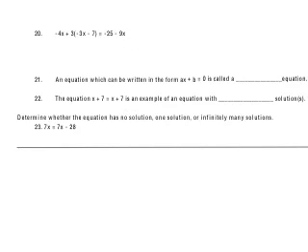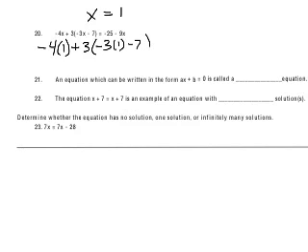So now let's test this. x equals 1 is our answer. Let's test it in the equation, to make sure we're right. You can always do this. Negative 4 times 1 plus 3 times the quantity negative 3 times 1 minus 7 equals negative 25 minus 9 times 1.